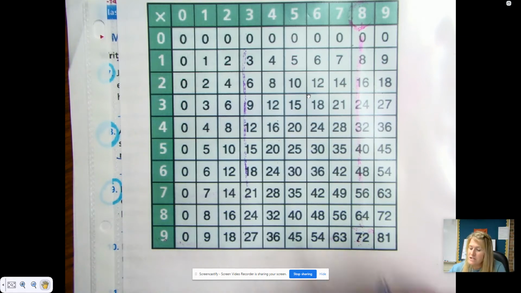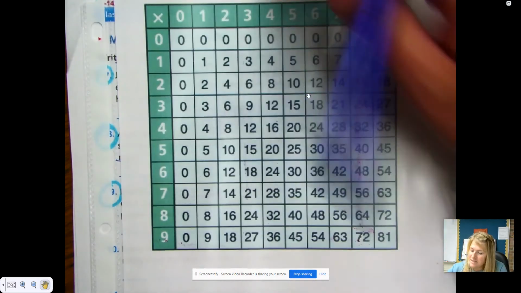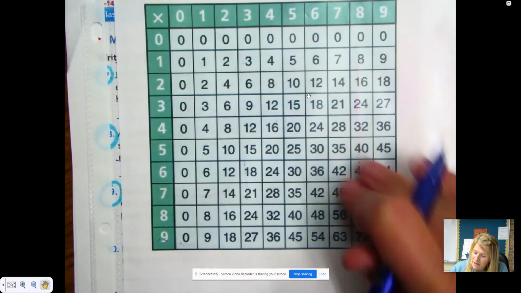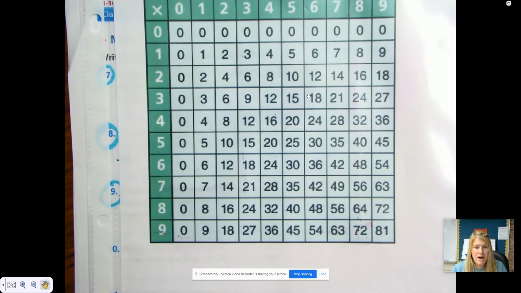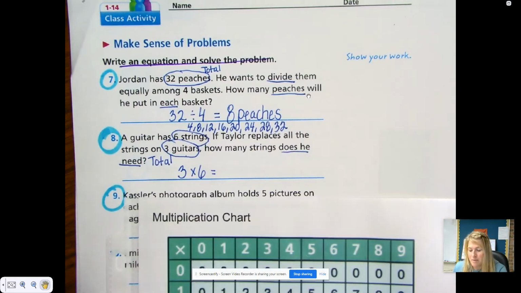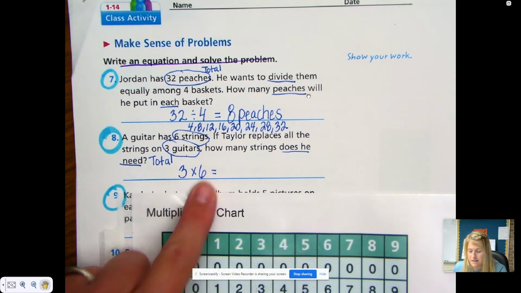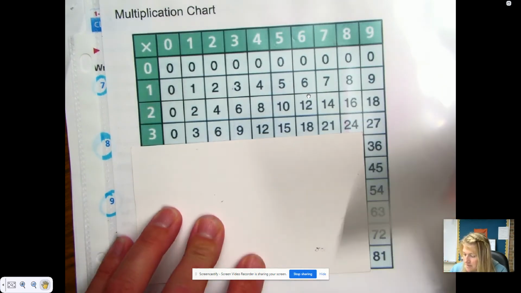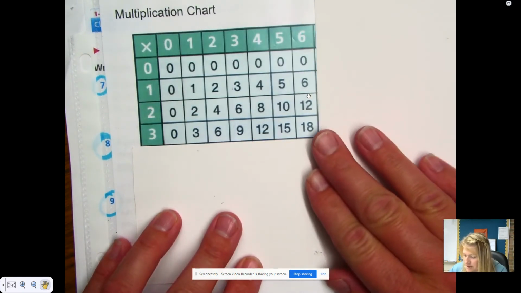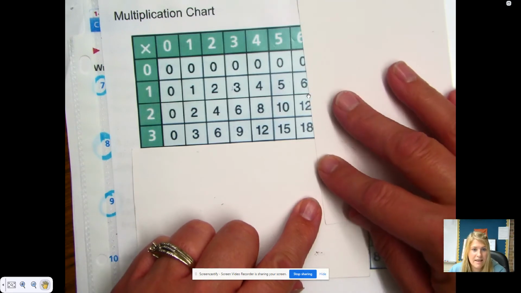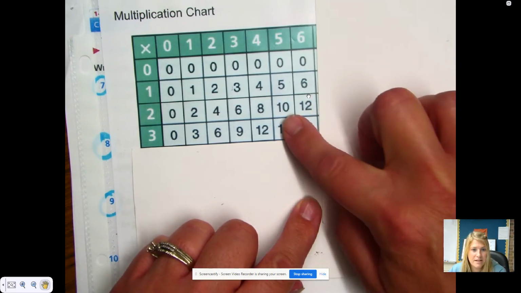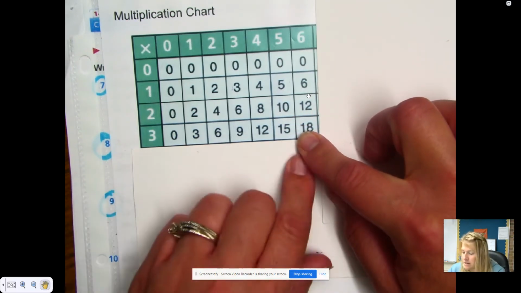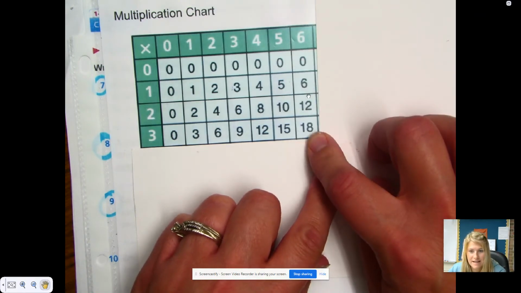All right, my students and I sometimes use dry erase markers for our targets, but right now I'm going to use index cards for my targets. I'm solving the problem 3 times 6. So I'm going to go to my factor 3 and my factor 6, and I can see that my product is 18. 3 times 6 is 18.